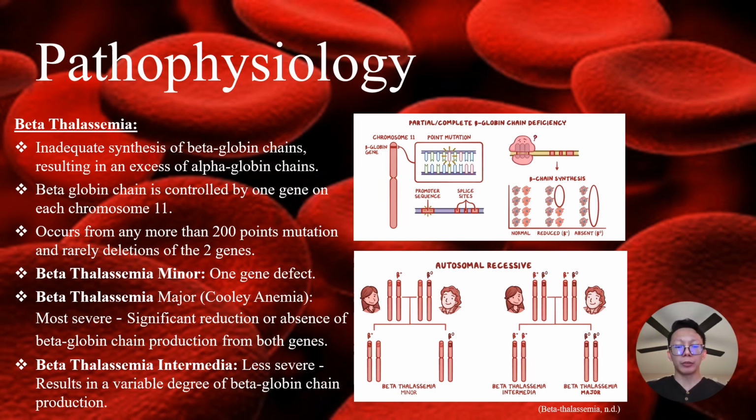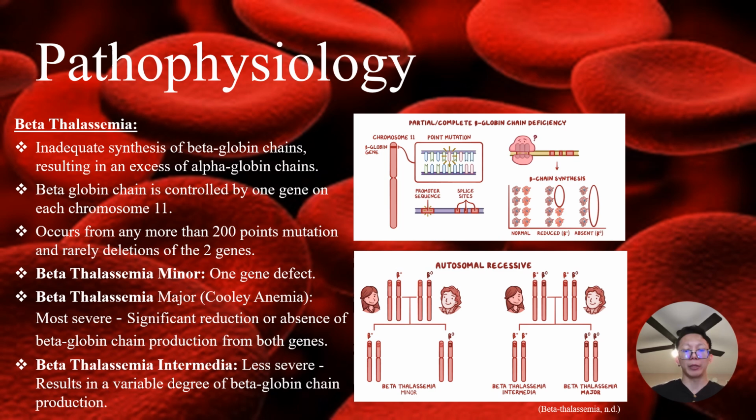So, as you can see, there are three different types of beta thalassemia. Beta thalassemia minor usually is characterized by one gene defect. Beta thalassemia major, which is also known as Cooley anemia, is the most severe form of beta thalassemia, mainly characterized by the significant reduction or the absence of beta globin chain production from both genes.